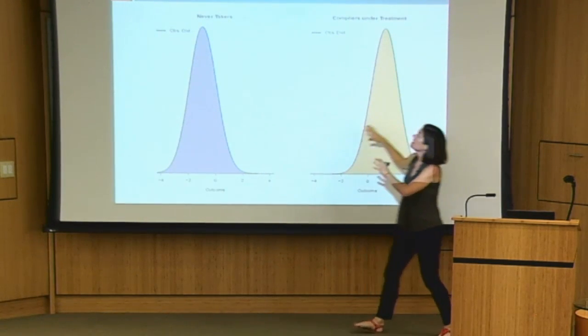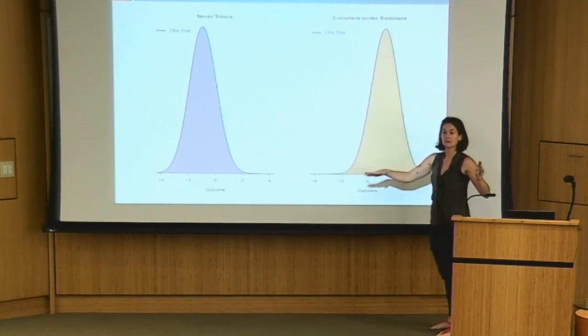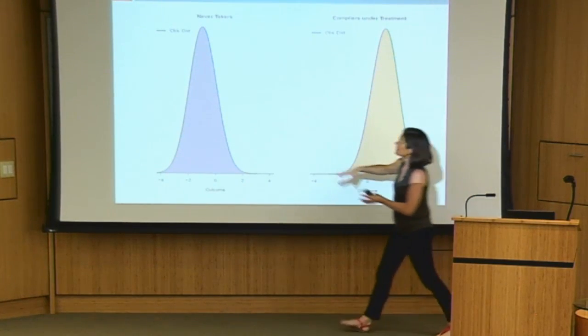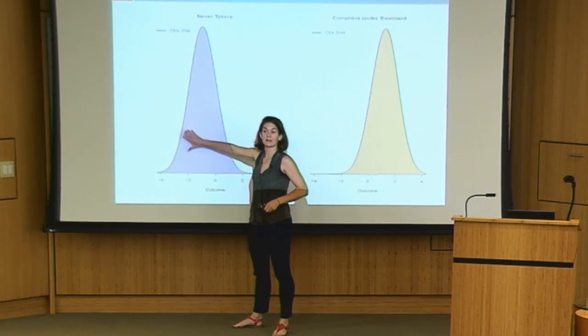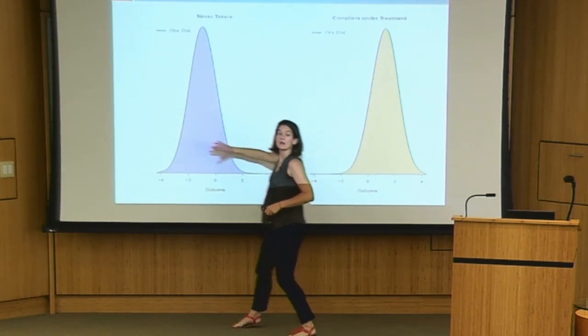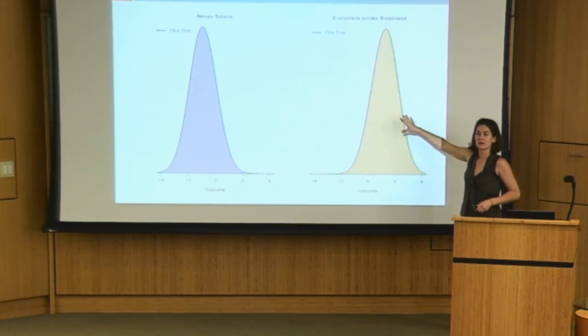Under treatment, if we had our data, we could look at a histogram of values for the students we identify as never takers and the students we identify as compliers. Does that make sense?